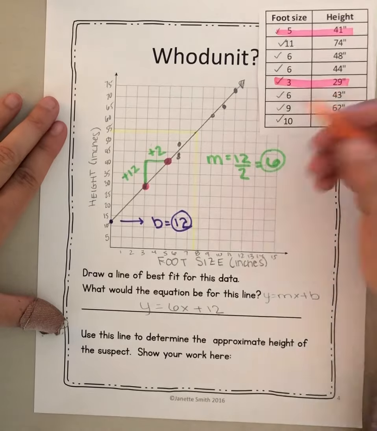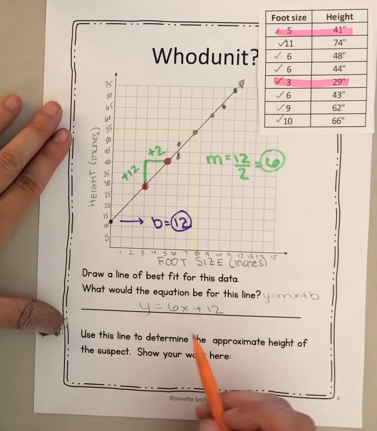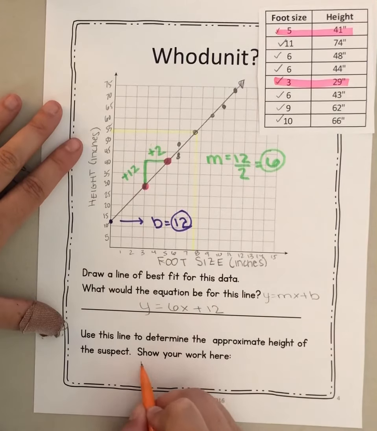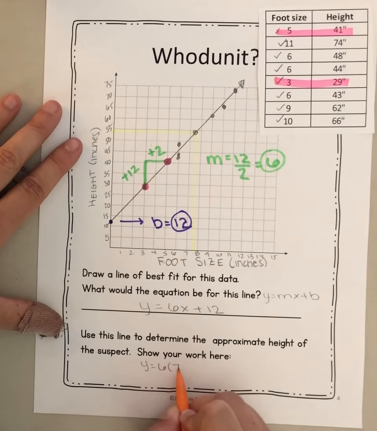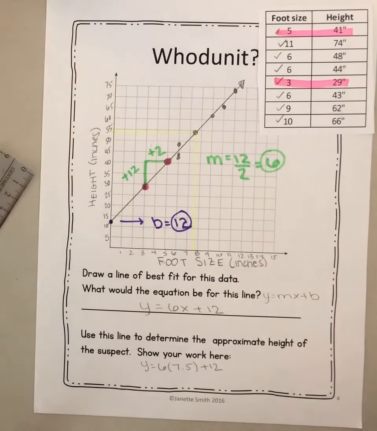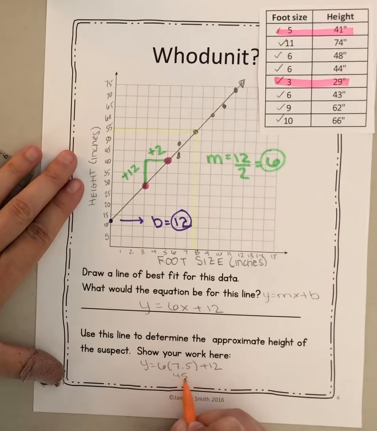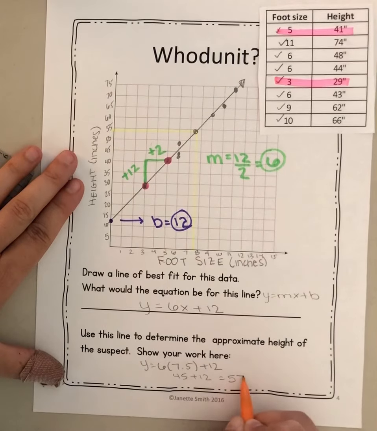Let's see what happens when we do this out algebraically. What I need to do is plug in my foot size, so 7.5. So 6 times 7.5 plus 12. That would be 42 plus 3 is 45 plus 12 equals 57.